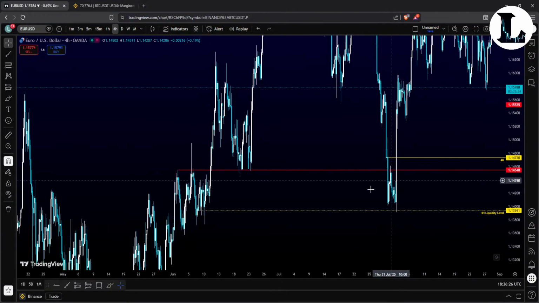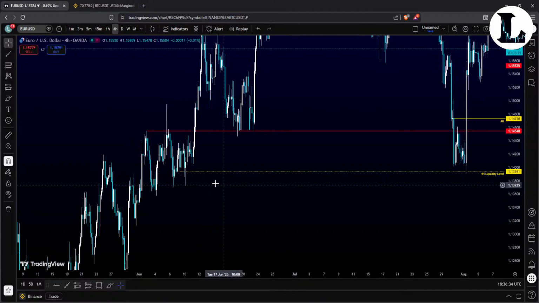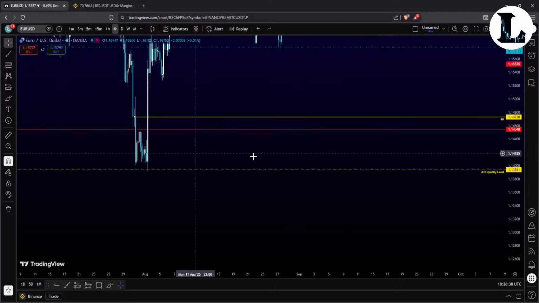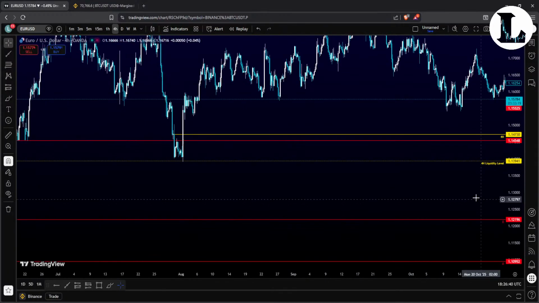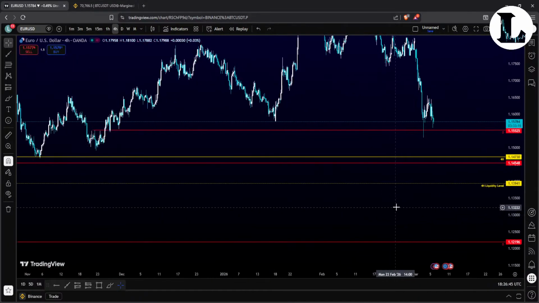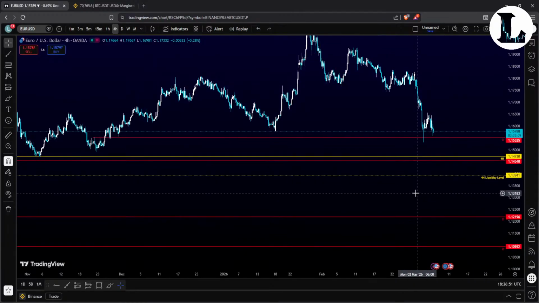If I mark that, I know that it is one. Okay, perfect. We have 1, 2, 3. We already have 3. So there is a slightly higher chance that if we go there again, we might see a big move down, and the break of that liquidity level.